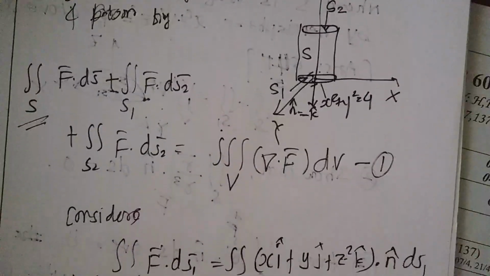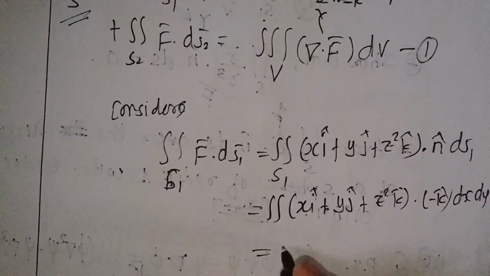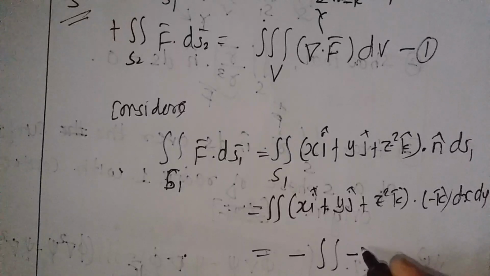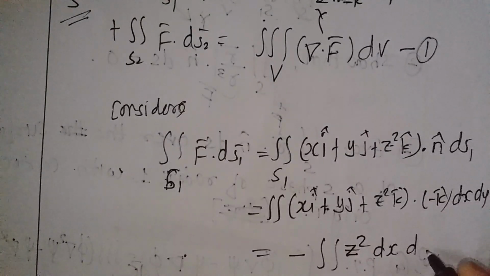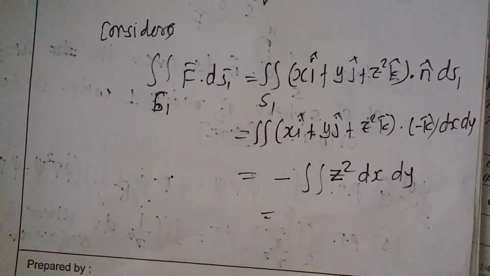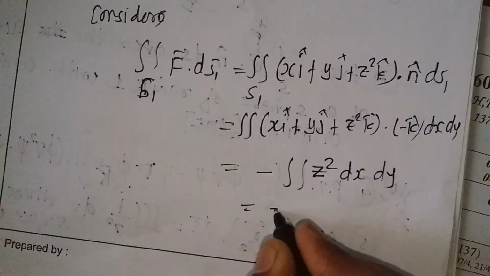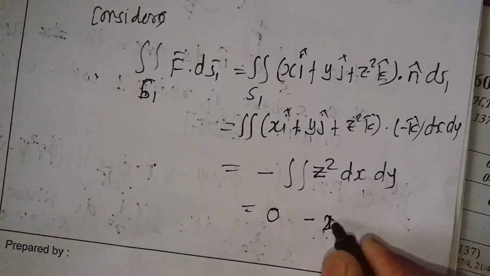S1 is the surface in the xy plane, so dS1 is dx dy. The dot product will be equal to minus z square dx dy, and z is 0 in the xy plane. This surface is in the xy plane, so z is 0. Therefore this integral will be equal to 0. So the integral over S1 is 0. Give this equation number 2.